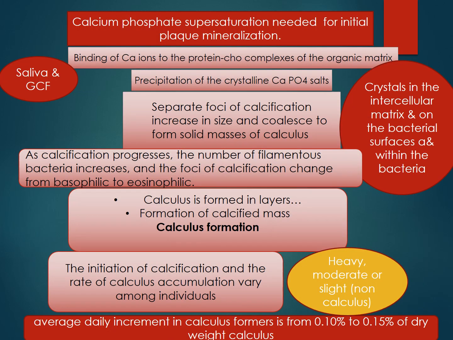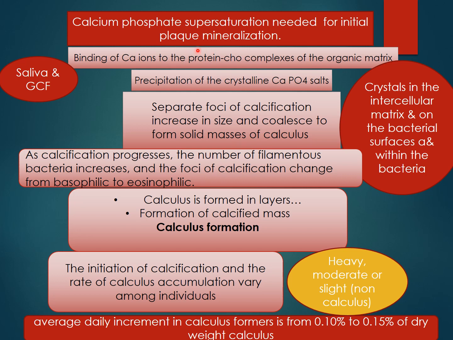Coming to the steps of calculus formation. For the initial mineralization process to occur, calcium phosphate is very important, and certain membrane associated components and regulation of nucleation inhibitors are also required. For the initial mineralization, calcium phosphate supersaturation is needed.